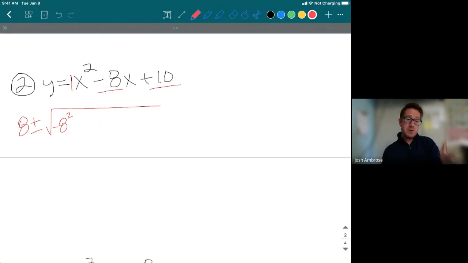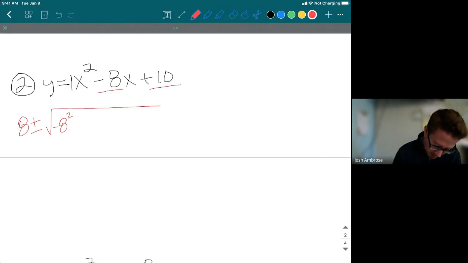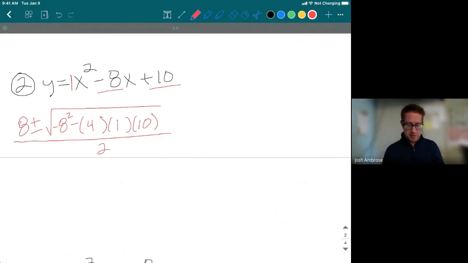I'll be honest, if you just put 8 squared in there, you're still going to get the same answer, because anytime you square something, it's always a positive. Minus, and then let's put our parentheses just so we understand that everything's multiplied: 4 times A times C, and all of this is divided, in this case, simply by 2, because 2 times 1 is going to be 2.